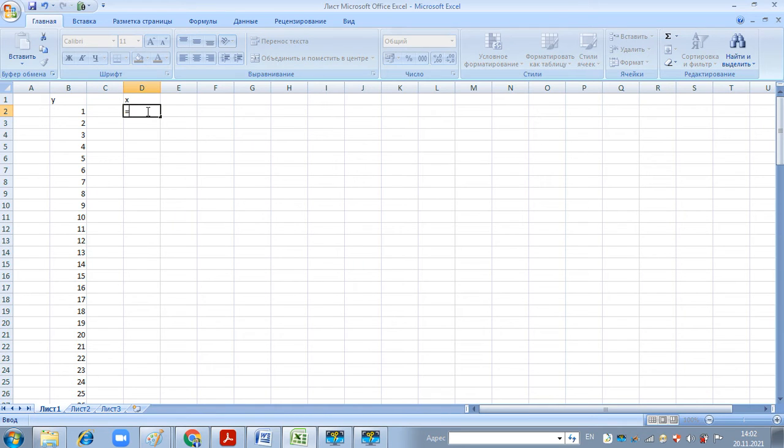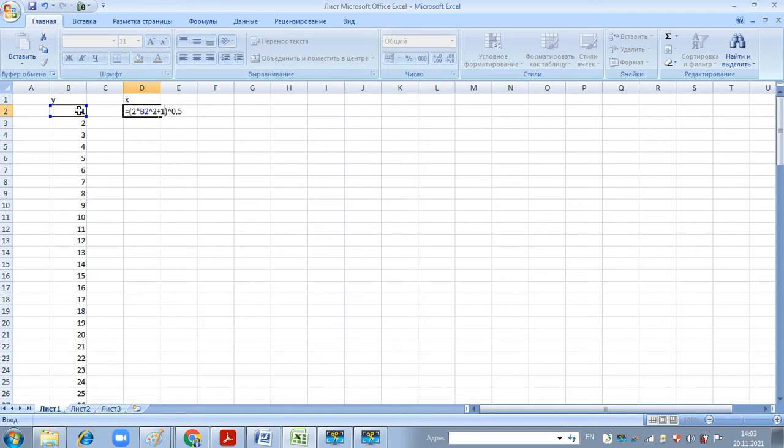Okay, the formula: square root, it means to the power of 0.5, and 2 times y, the first number, to the power of 2 plus 1.